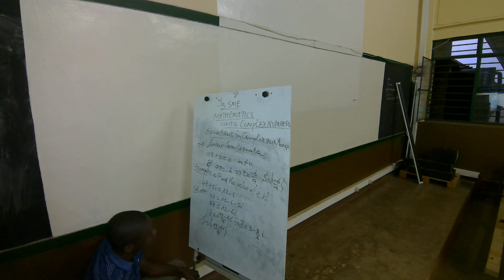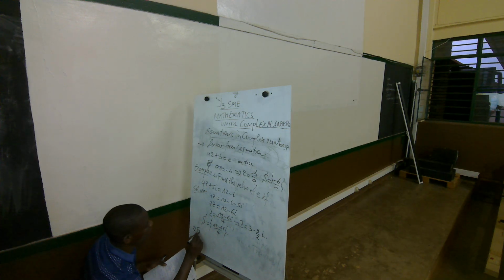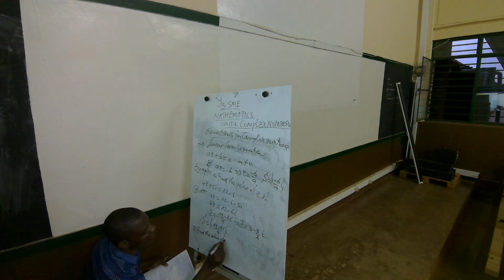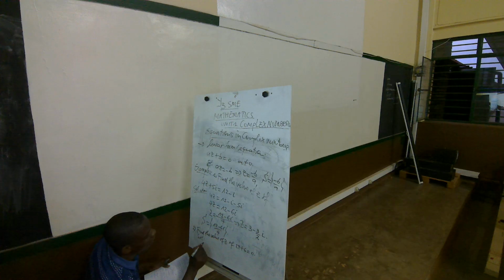We can find also the second one. Find the value of z if 2z plus 6 is equal to 0. Let's say the solution: 2z plus 6 is equal to 0.